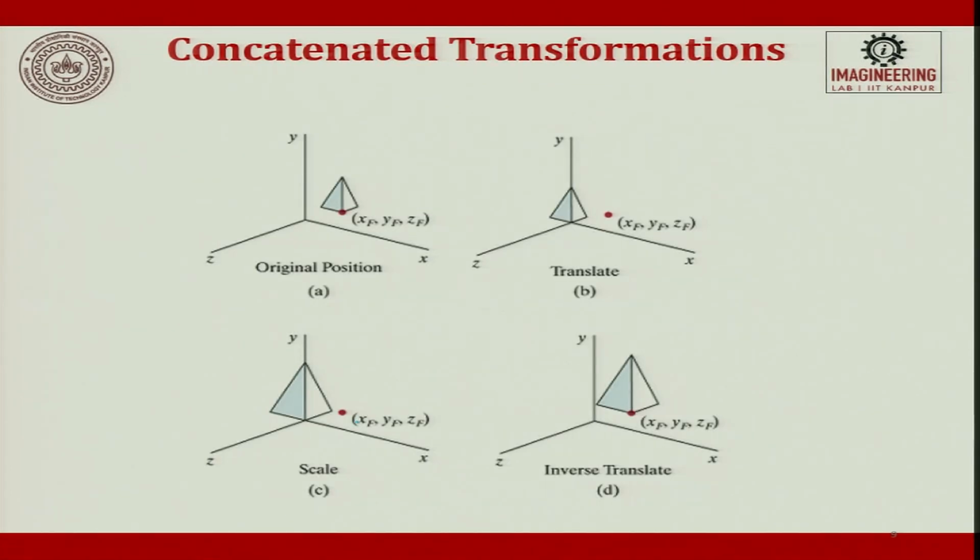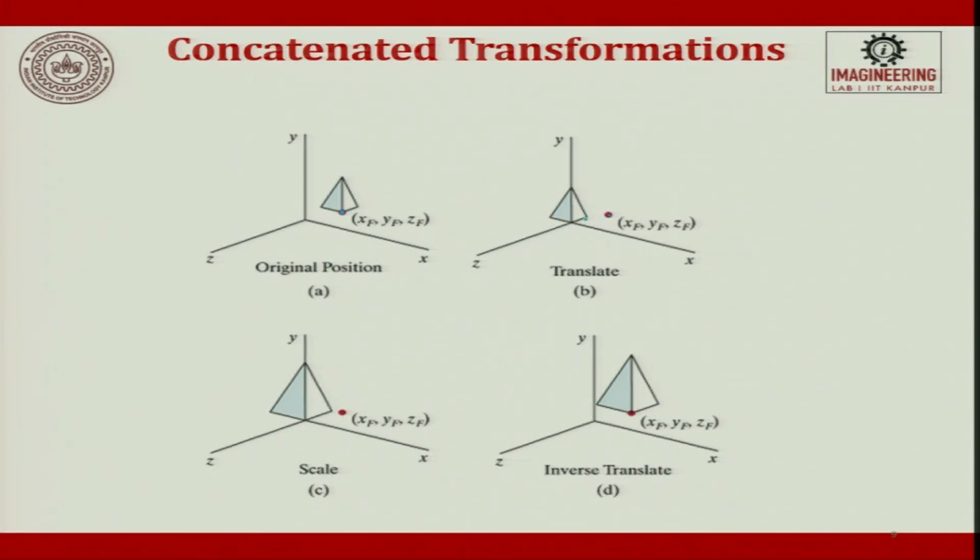Suppose let us assume there is a prism and you have located a corner of the prism. It has to be translated, and then it has to be scaled, and then you have to come back to the original position. One way of doing it is at this point itself you multiply it with the scaling factor and put that in the same point.